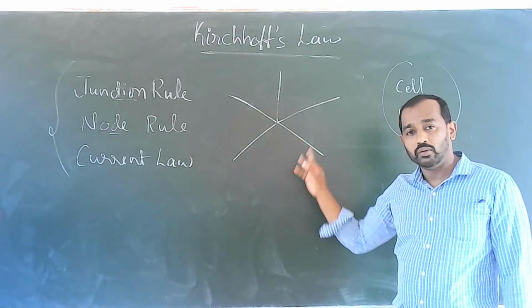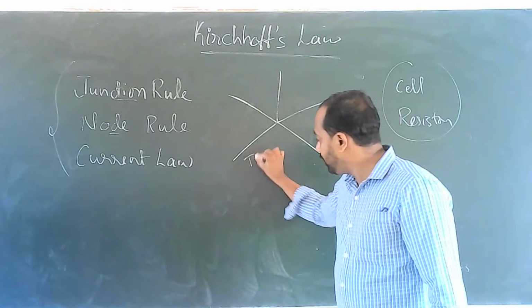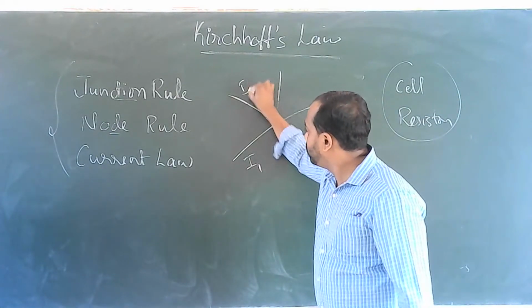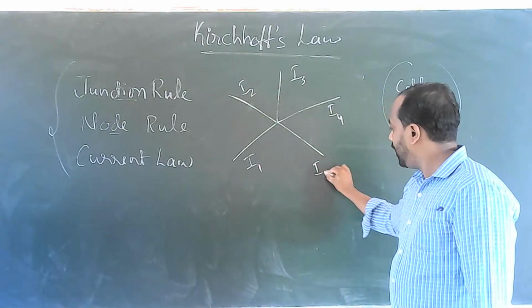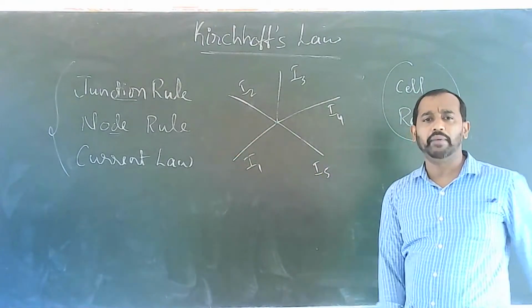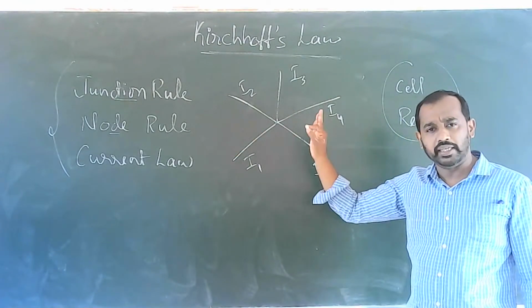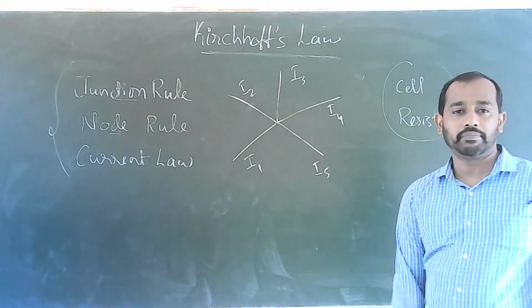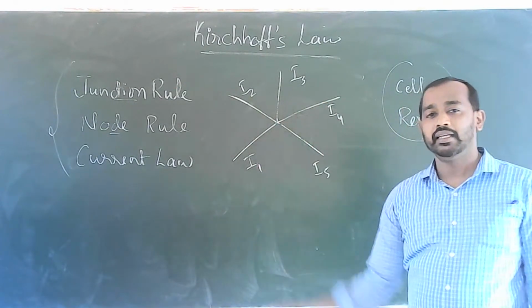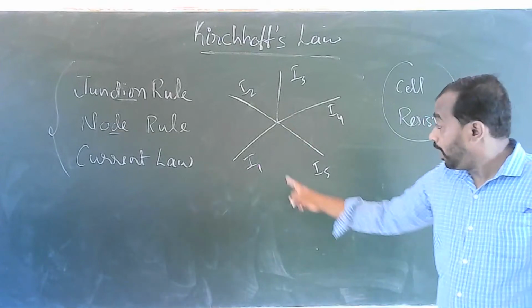I am going to represent those currents as I1, I2, I3, I4, and I5. Even it could be many more. The simplest one is 3, but I have considered 5 different branches here, which are connected at a single junction.